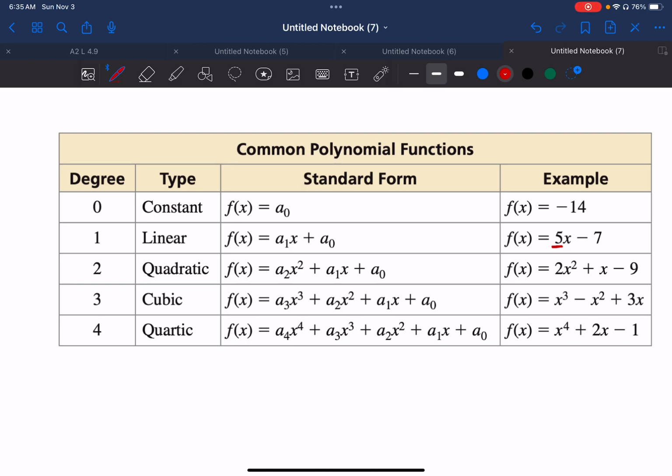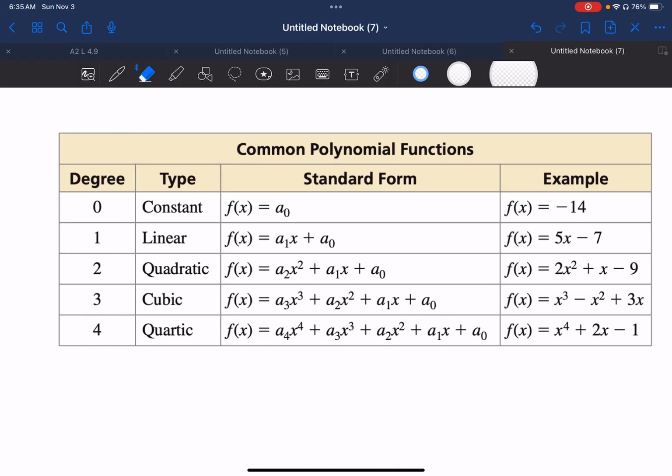So if all of these are written in standard form, meaning their exponents descend, this is really an x to the 0, their exponents descend. Okay, so the leading coefficient is the first coefficient that you see when it's written in standard form. So we use the leading coefficient and the degree to be able to tell us how the graph is going to look.